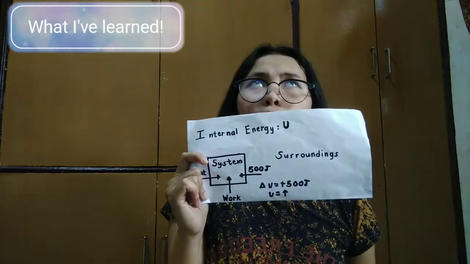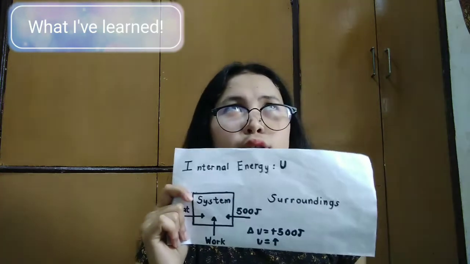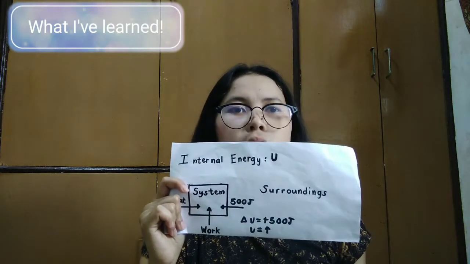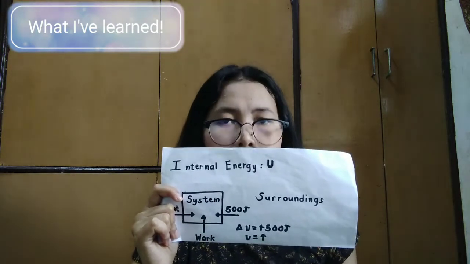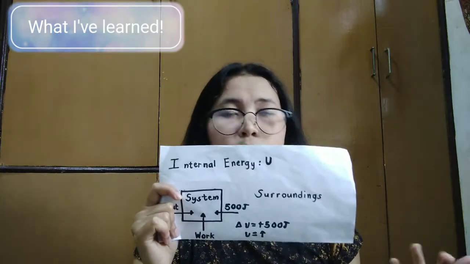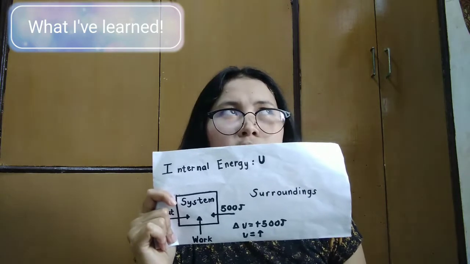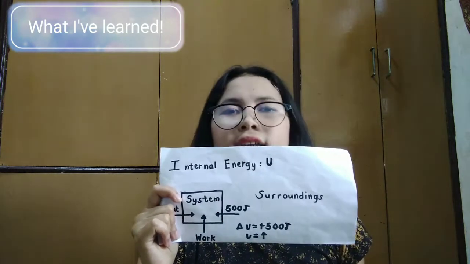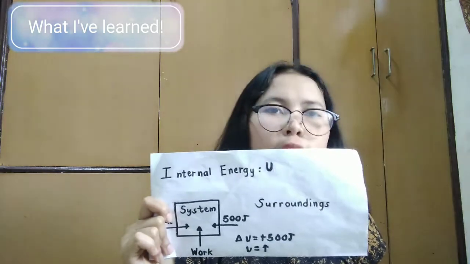A good way to illustrate this is to use money. For example, in order for you to gain 1,000 pesos, someone else has to lose 1,000 pesos. So within the transaction, money is not created or destroyed. It's simply transferred from one place to another.